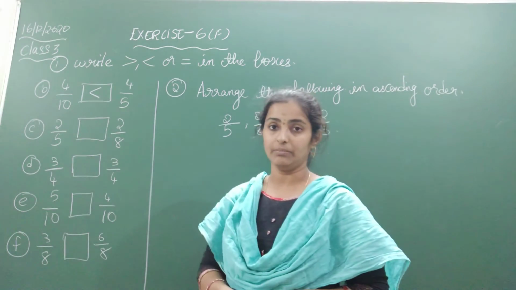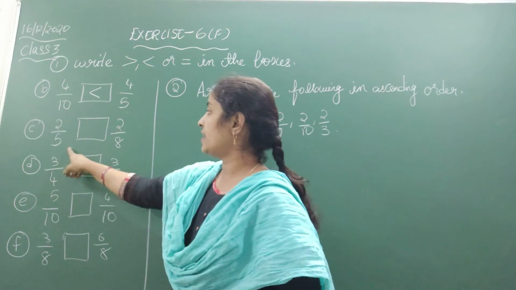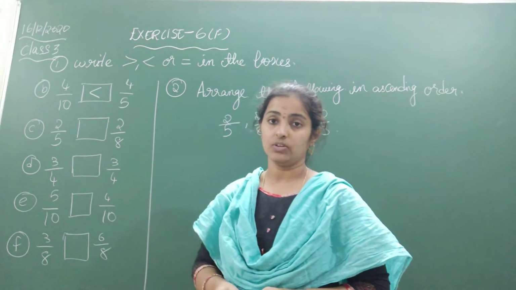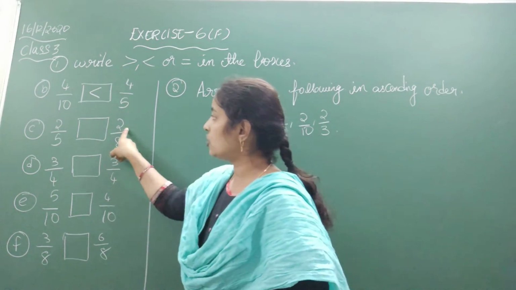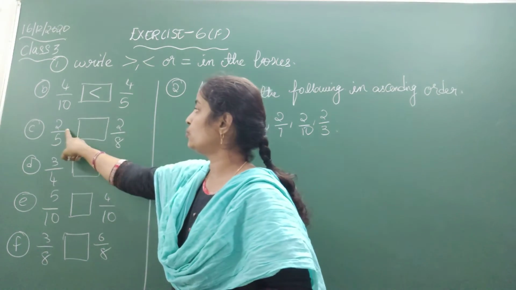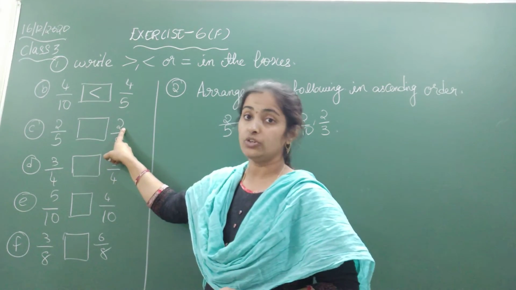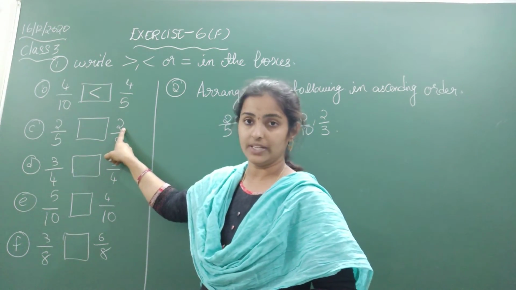Now look at the next one. 2 by 5 and 2 by 8. Here also you can observe the same numerator, 2.